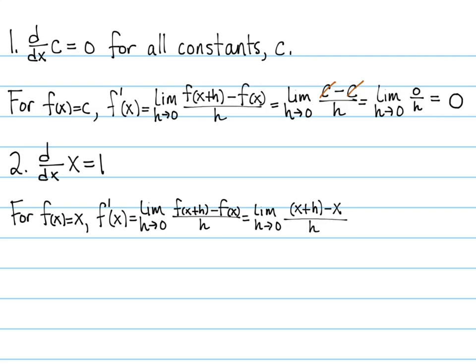Here we get x plus h and x respectively. And so this is the limit as h goes to 0 of x plus h minus x all over h. Those x's cancel, and we get the limit as h goes to 0 of h over h, and as long as h isn't 0, h over h is just 1. And so our limit winds up being 1.